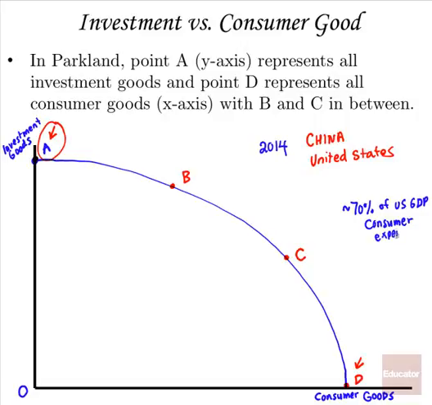So if you want to put a crude generalization, then C would probably represent more of the United States, whereas China, more of its products are spent towards investment goods. Again, this is kind of a crude generalization, but if more of a country spends its resources on investment goods, then that bodes well for future economic growth.